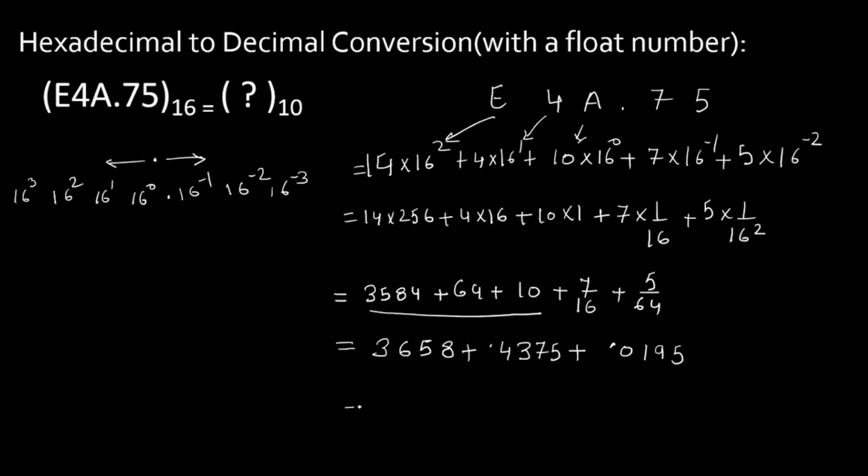When we add these numbers, we will get 3658.457. So this is the decimal equivalent of the given hexadecimal number. So the answer is 3658.457.